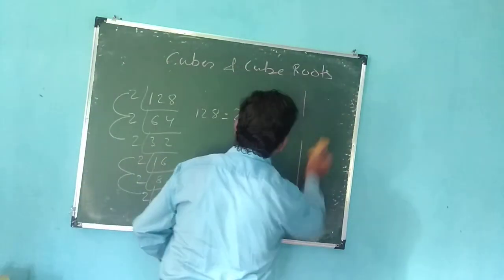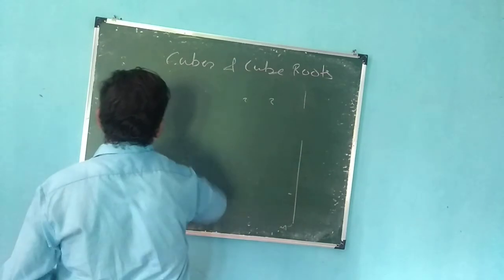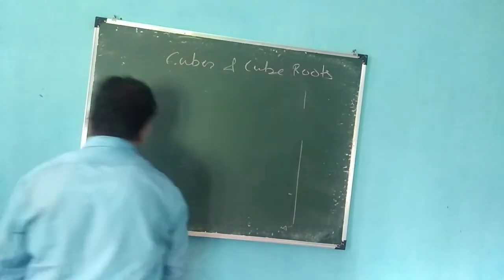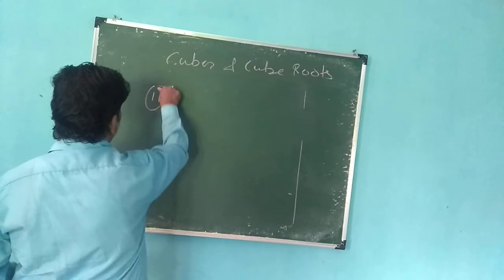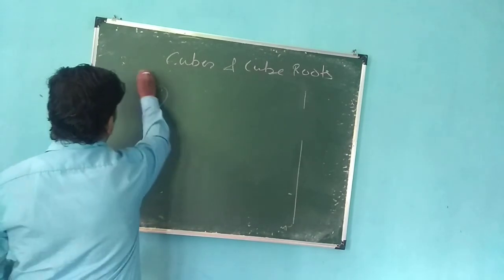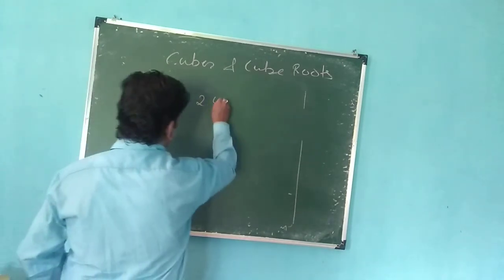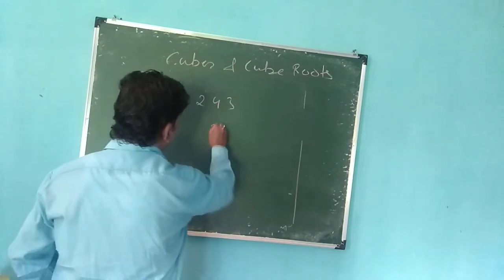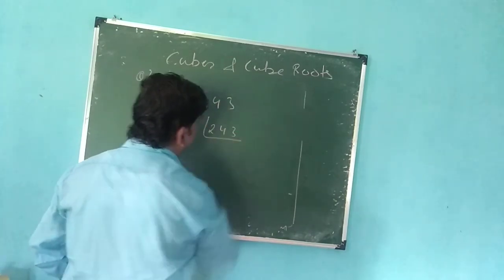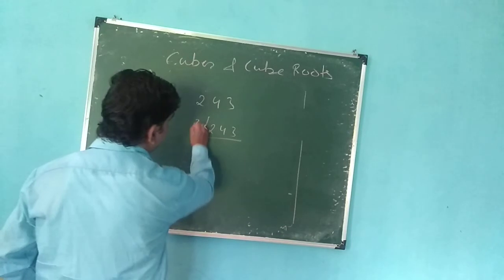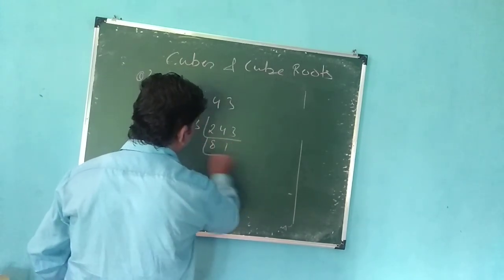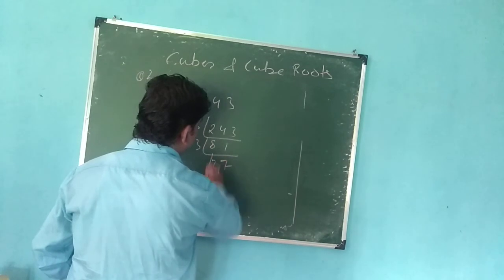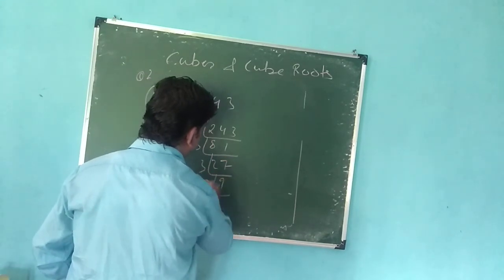Now if I take this number, question number 2, 243. If I factorize this, what will I get? Let me start with 3 here. 3 into 81, 3 into 27, 3 into 9, 3 into 3.